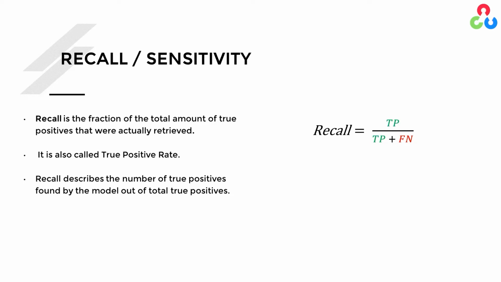So if we simply classify everything as positive, we will have 100% recall, since we will capture all of the cases of positive classes. Obviously, in this case, we'll have a very low precision. So recall and precision are used together.